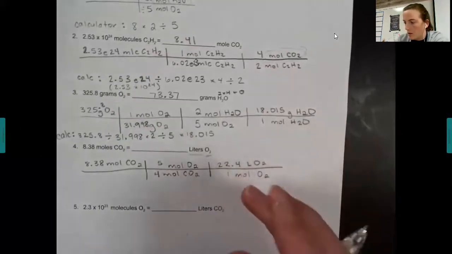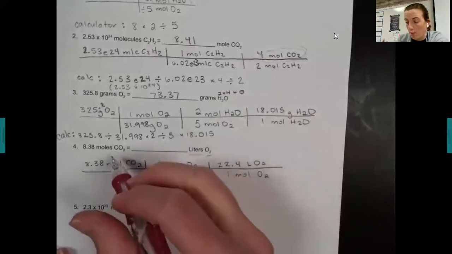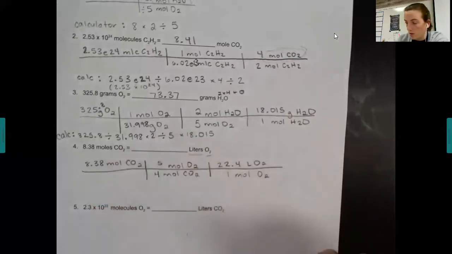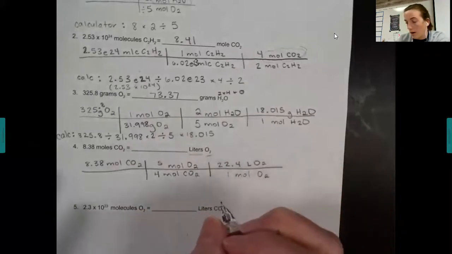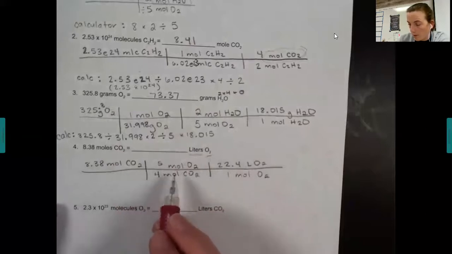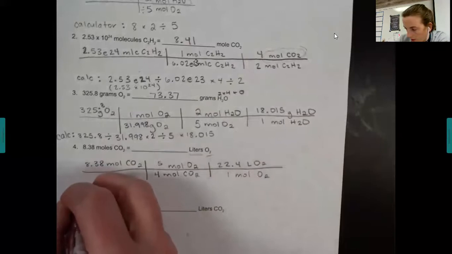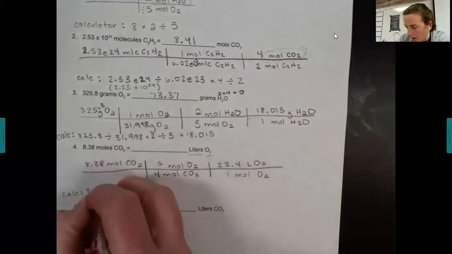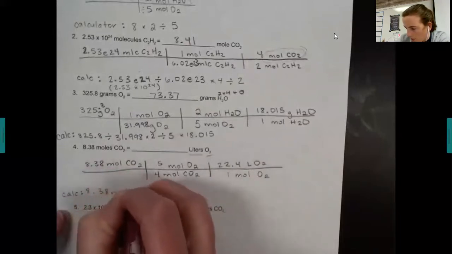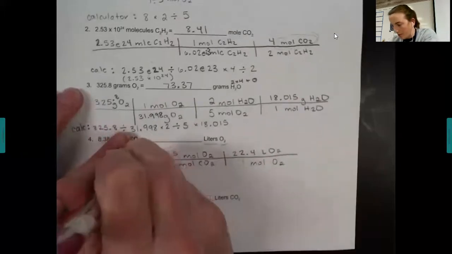Okay. So for this one, I only needed steps 2 and 3 because the problem was already given to me in moles. So when I put it in the calculator, I start at the left, work my way right, go top to bottom at each step. So for the calculator, should say 8.38 moles of CO2. Oh, sorry, you don't have to put moles of CO2 in your calculator.